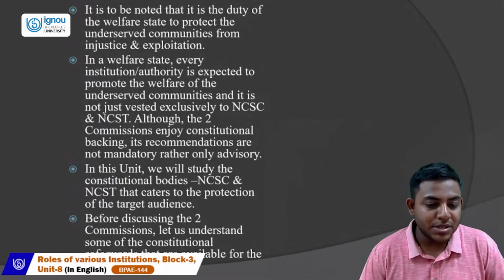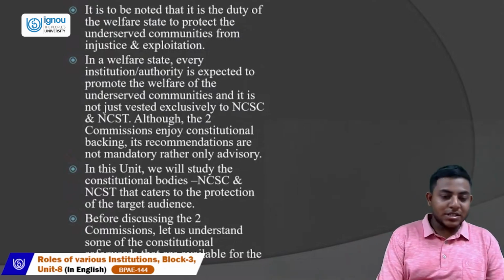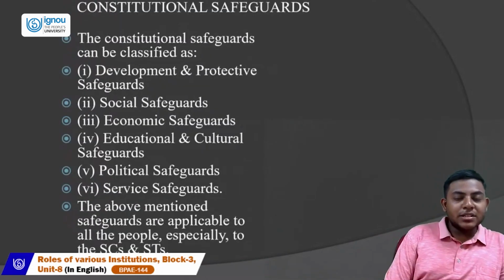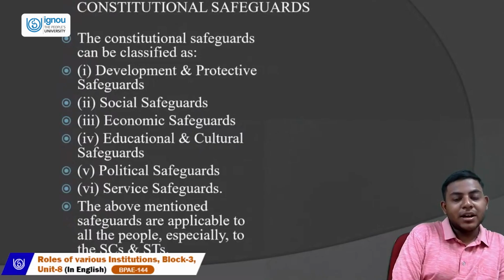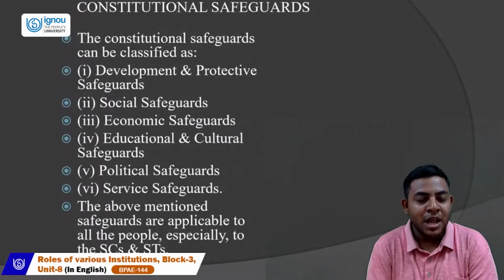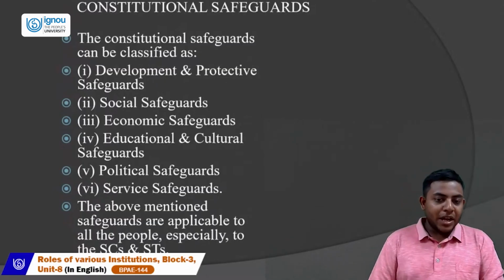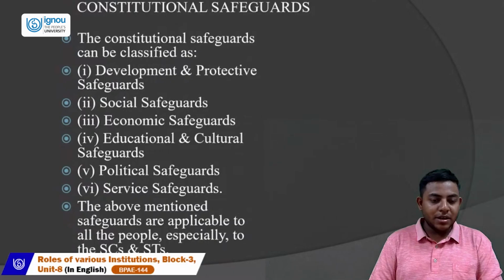Before discussing the two commissions, let us understand some of the constitutional safeguards that are available for the Scheduled Castes and the Scheduled Tribes. So what are these constitutional safeguards? They can be classified as development and protective safeguards, social safeguards, economic safeguards, educational and cultural safeguards, political safeguards, and service safeguards.